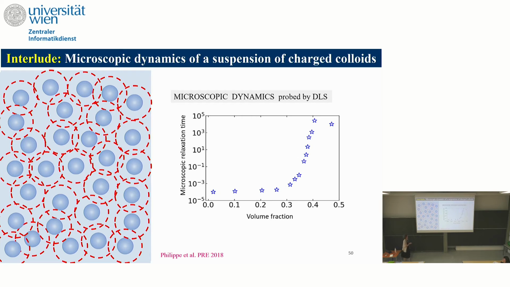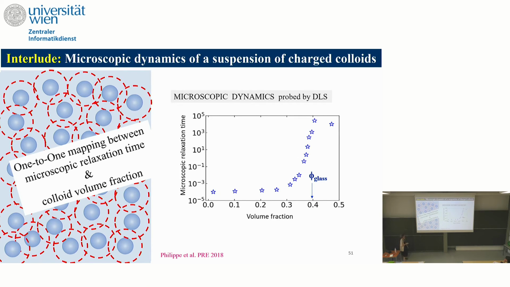It increases and increases, and you have 8 orders of magnitude. So you have a huge increase of the relaxation time. And at some point, your system is more or less stuck. And this is what you call the glass transition. And here it's about 0.49 or 0.4.